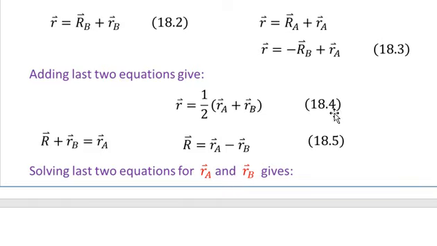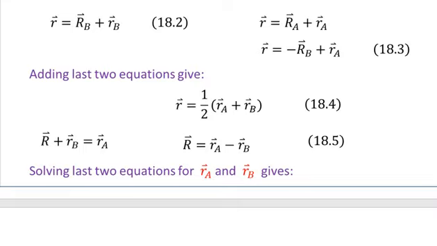So you see that we have two equations, 18.4 and 18.3. These two equations contain ra and rb. One contains ra plus rb, the other contains ra minus rb. So we can solve these two equations for the values of ra and rb.